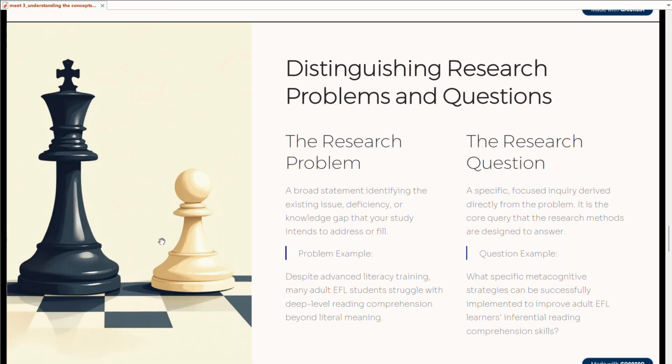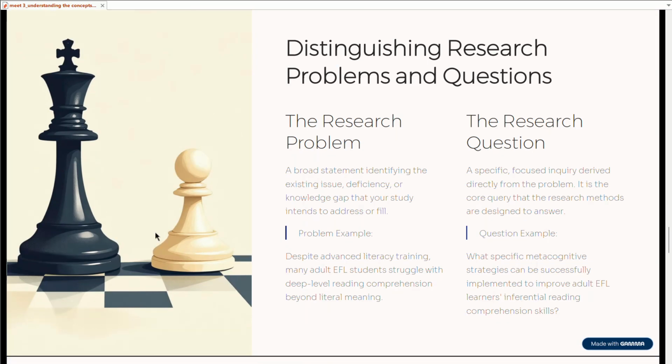Next, how to distinguish research problems and research questions? Research problem and research questions are actually similar, but they are not the same. A research problem is defined as a broad statement identifying the existing issue, deficiency, or knowledge gap that your study intends to address or fill.